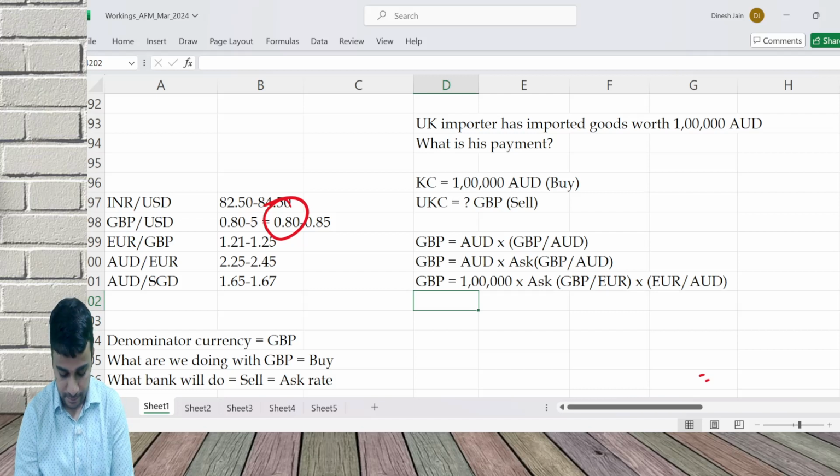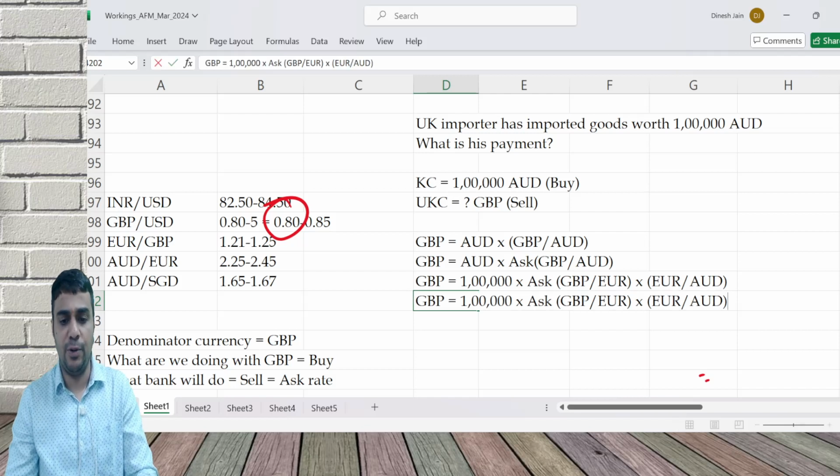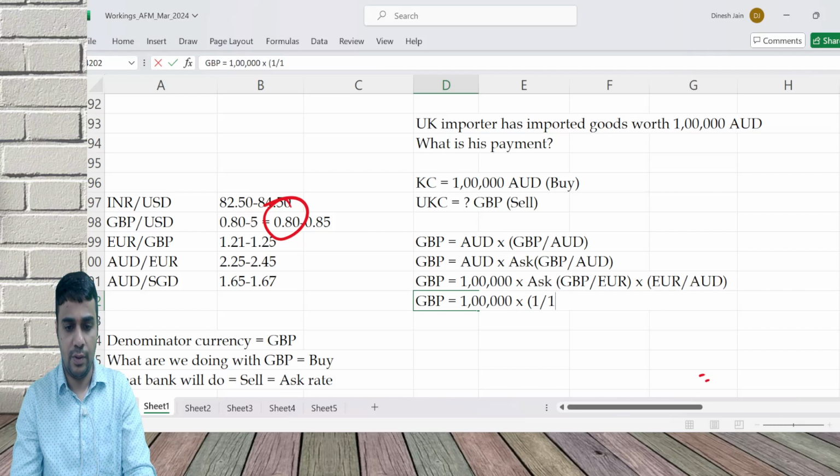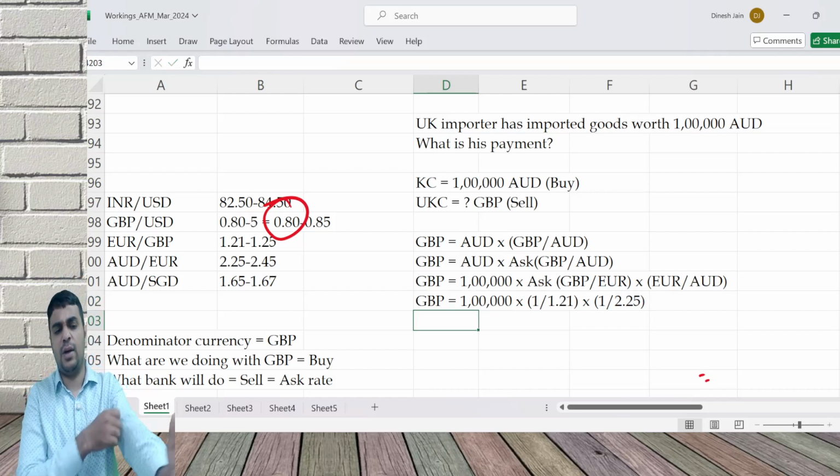Clear? Do you have GBP per euro in the question? 1 by bid, how much? Do you have euro per Australian dollar? 1 by bid. You'll get to the answer. That's all.